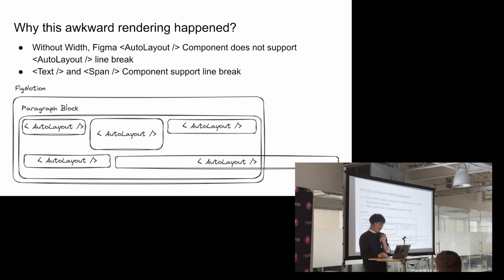I was unable to pass the proper width to the auto layout because I didn't know what the proper width is. So it was too much to handle in the unfamiliar Figma Widget API environment. I was not even sure if it was possible to handle it.